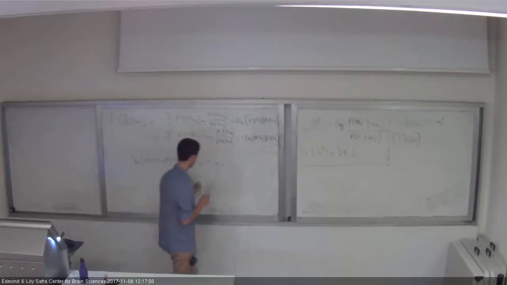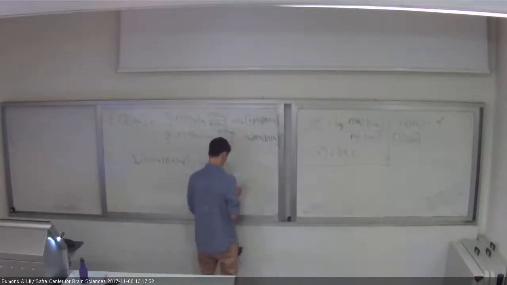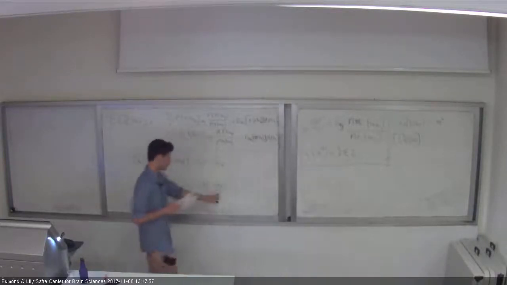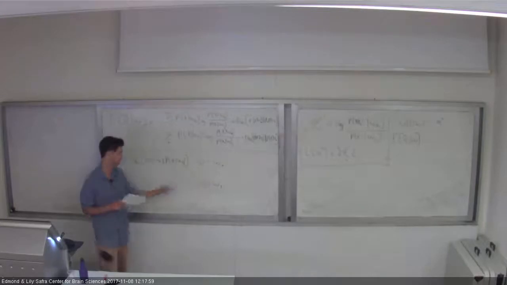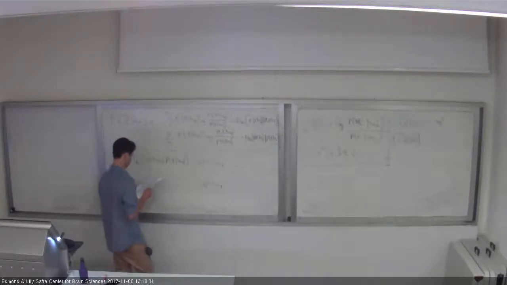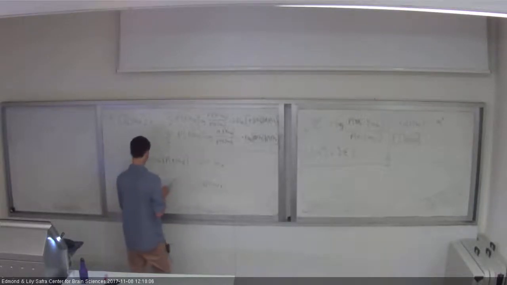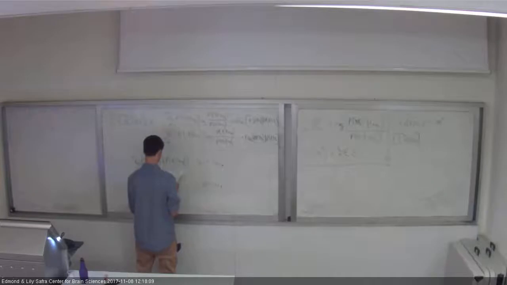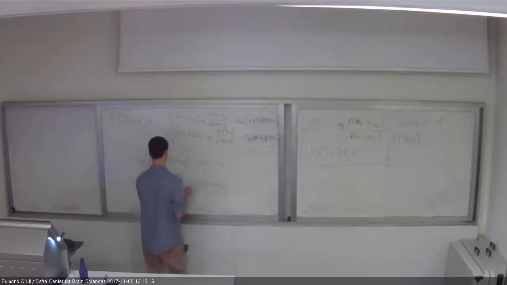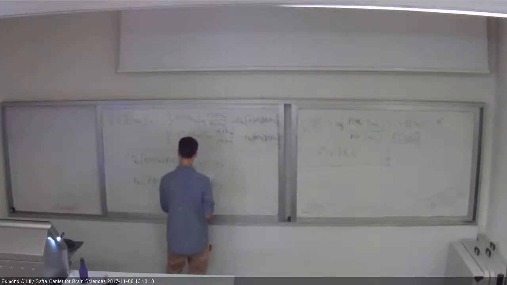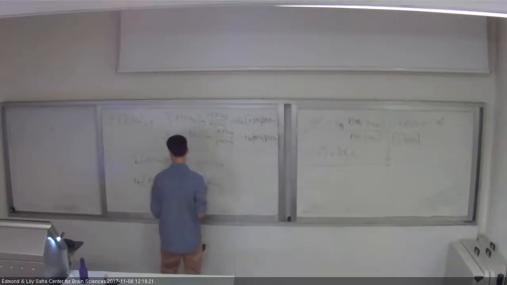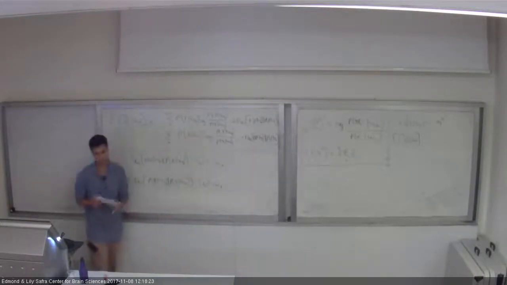And in the case that omega is equal to omega 1, this is minus the DKL between P of x given omega 1 and P of x given omega 0.